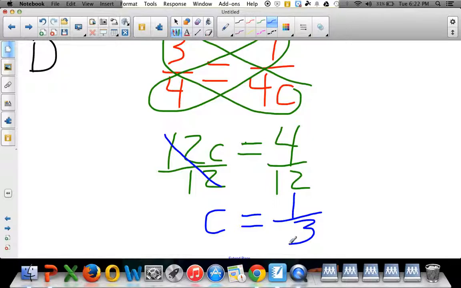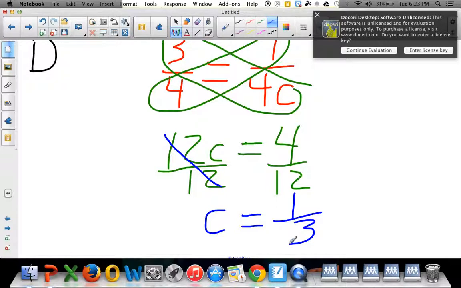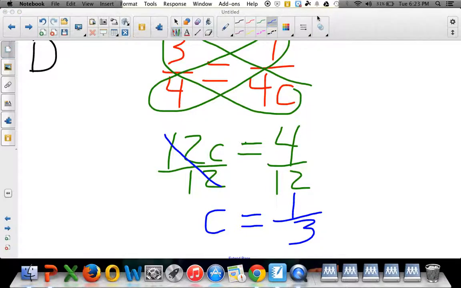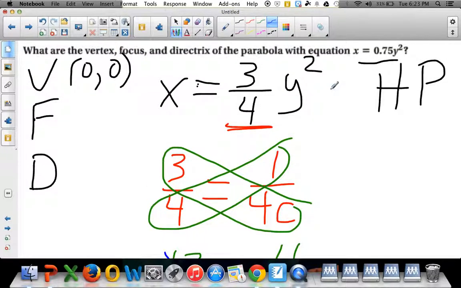So by looking at my chart, knowing this is a horizontal parabola, like I've already stated, my focus is going to be c, 0. So my focus is going to be 1/3, 0.